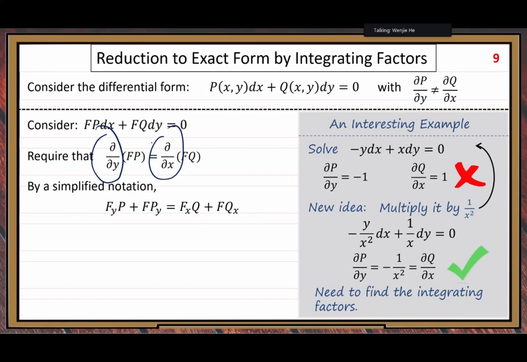P sub y function, a partial derivative, is known. Q sub x is known. But f function is unknown. F sub x unknown. F sub y unknown. It's pretty hard, right?